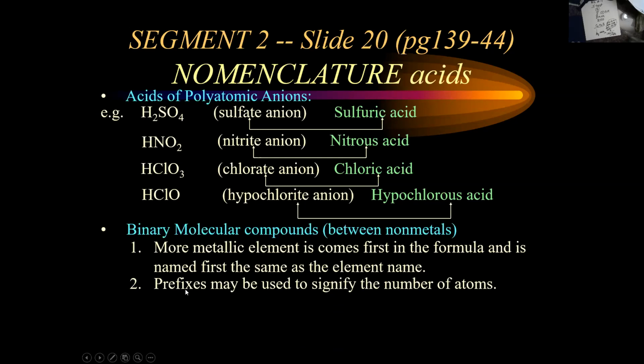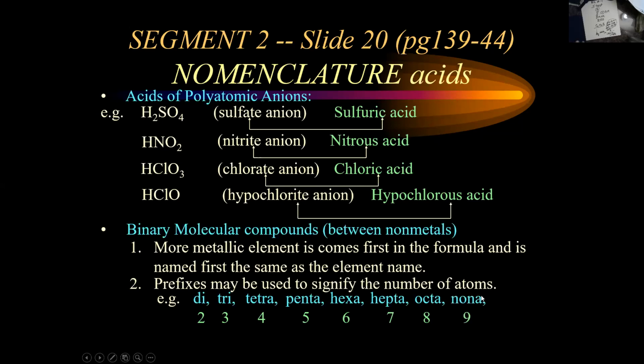Okay, you use prefixes to signify the number of atoms that are present. If you've got 2, that's di. If you've got 3, that's tri. 4 is tetra. 5 is penta. 6 is hexa. 7 is hepta. 8 is octa. 9 is nona. And 10 is deca.